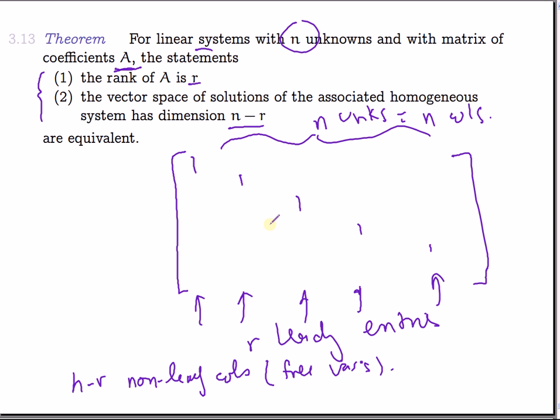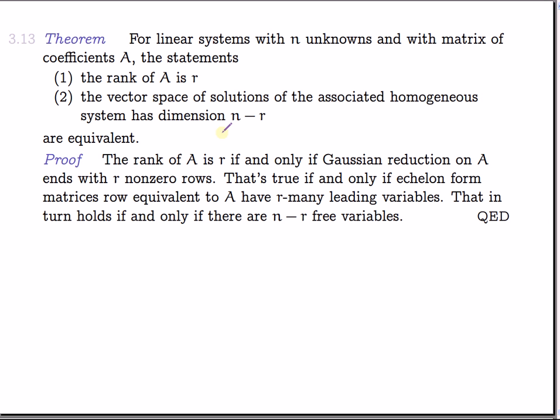So let's go through the formal statement of the proof. The rank of A is R if and only if the Gaussian reduction ends with R non-zero rows. That's true if and only if the echelon form matrices row equivalent to A have R many leading variables.